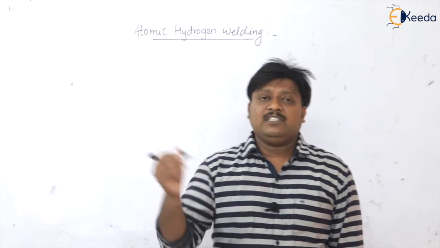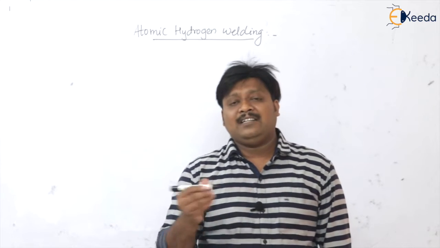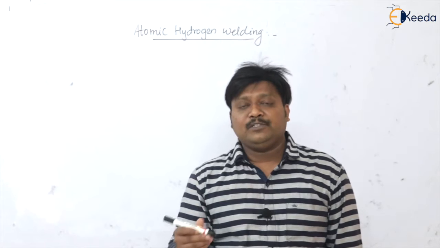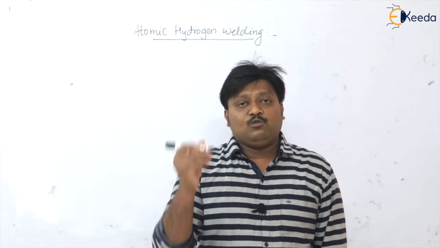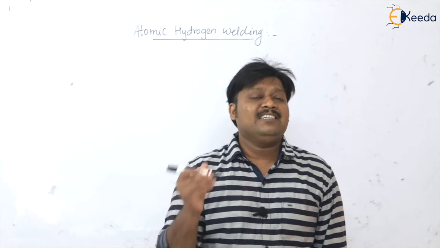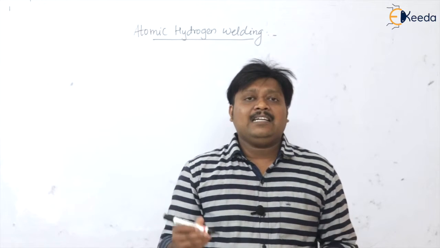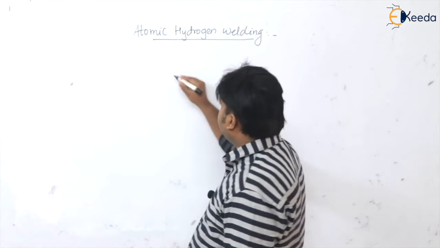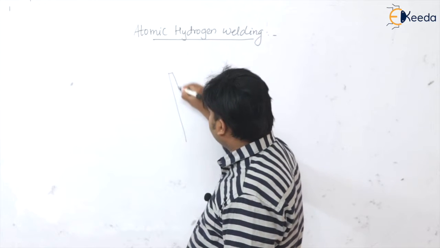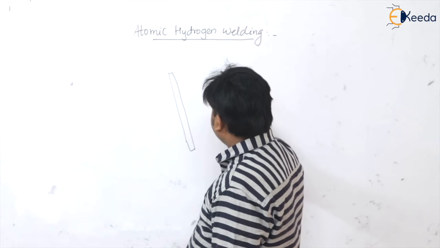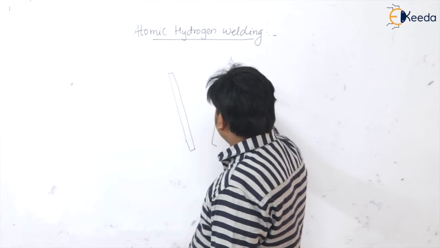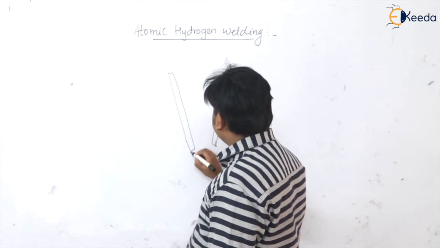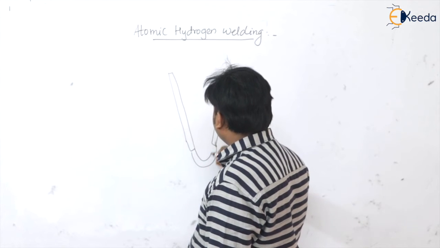In arc welding, basically we have one tungsten electrode and the arc is created between the tungsten electrode and the workpiece. But here there are two non-consumable tungsten electrodes, and the arc is produced between the tips of these two tungsten electrodes. Let us see. These are the two tungsten electrodes I have taken, and the arc is going to generate at the tip of the electrode.